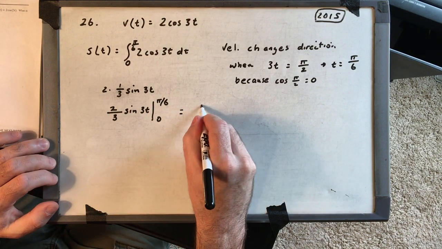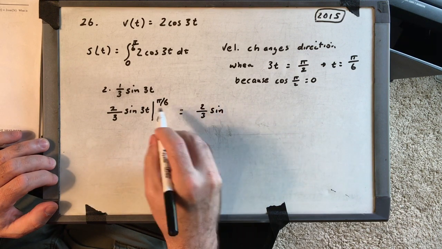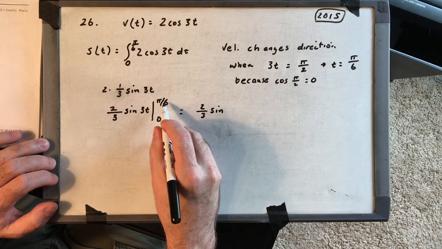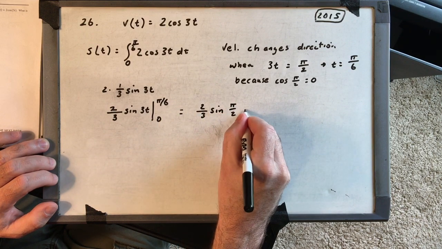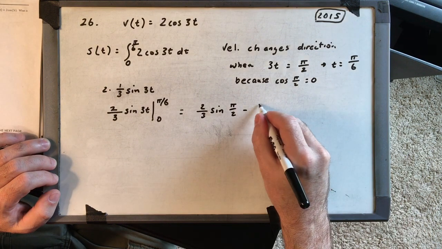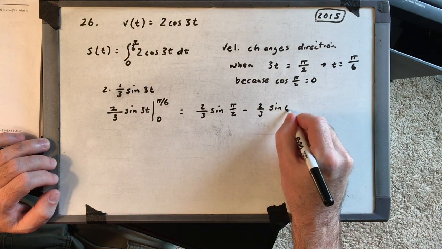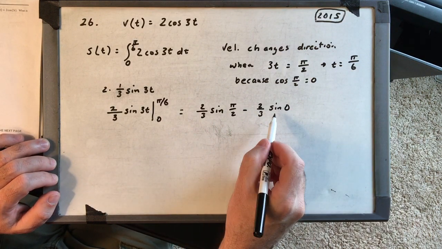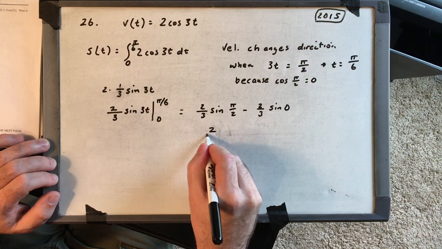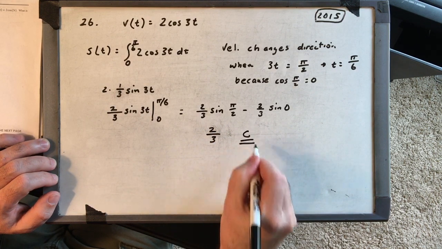So that's going to be 2/3 sine 3 times pi over 6 would be pi over 2, minus 2/3 times the sine of 0. Right, sine of pi over 2 is 1, and sine of 0 is 0, so that's just going to be 2/3. And that is C.